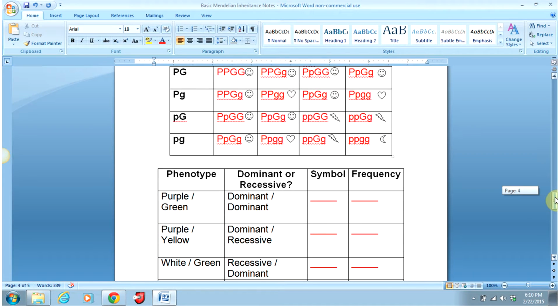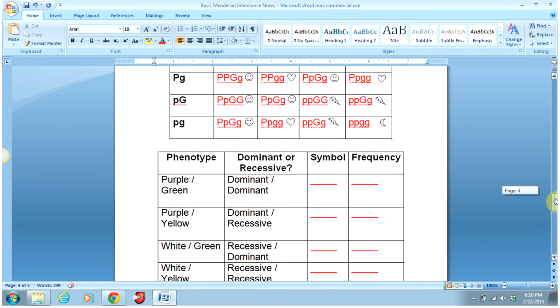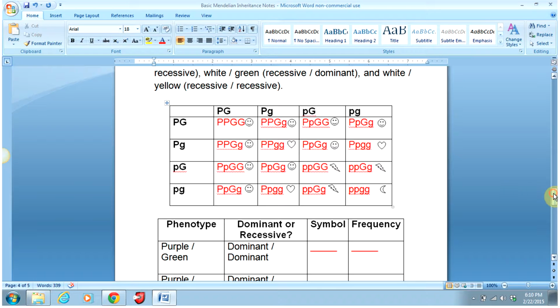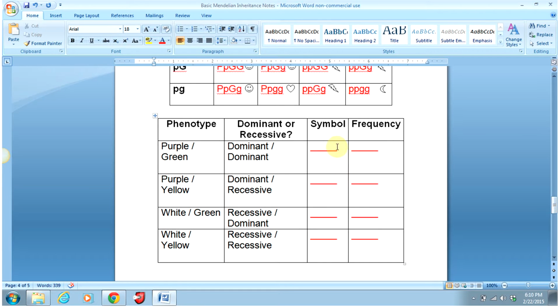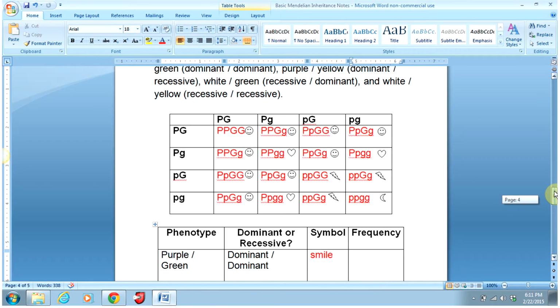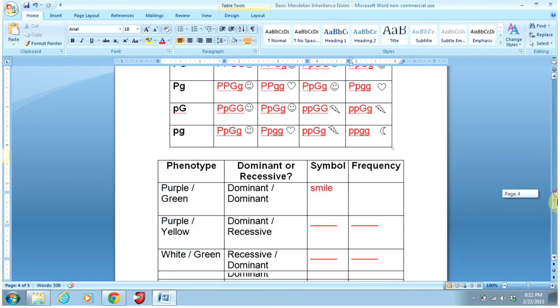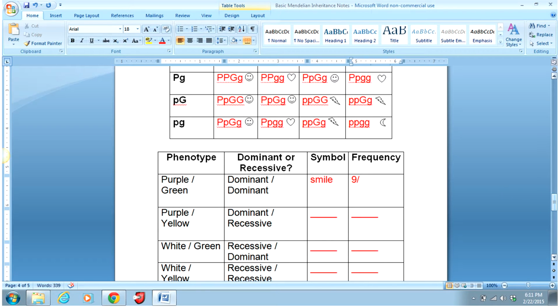Okay, now I'm going to go through and count the number of offspring out of 16 that have each of these possible phenotypes. So it looks like my symbol for dominant was a smile. And if I go through and I count the frequency, it appears that I have 1, 2, 3, 4, 5, 6, 7, 8, 9 out of my 16 offspring having a smiley face to indicate that they are dominant.